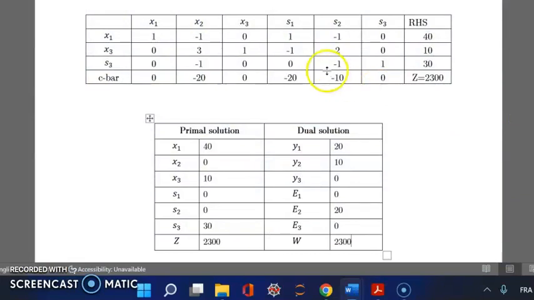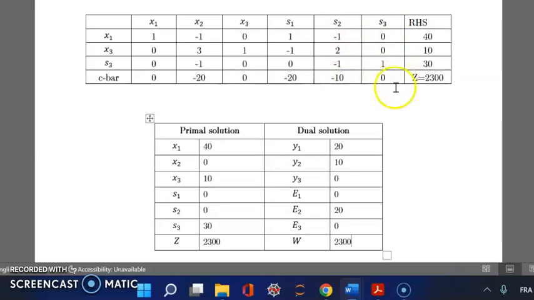So for resource A, the marginal value of 1 unit is $20 or dinars or whatever. For resource B, it's 10, and for resource C, it's 0.